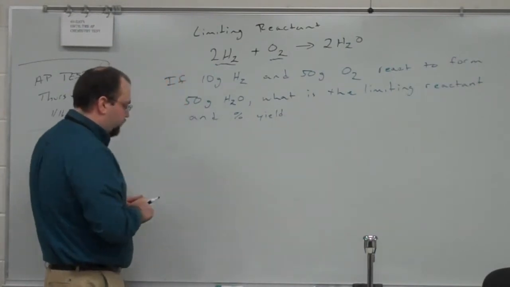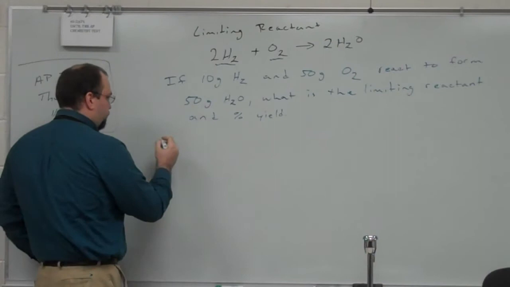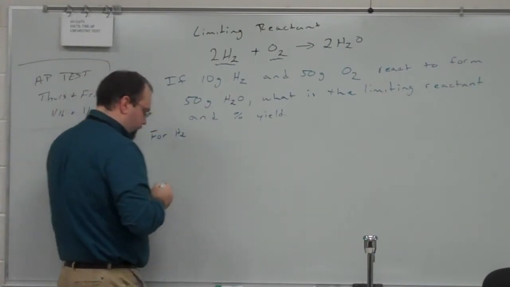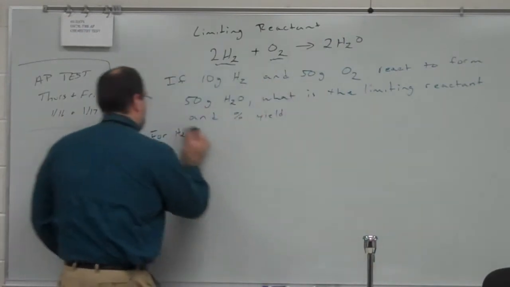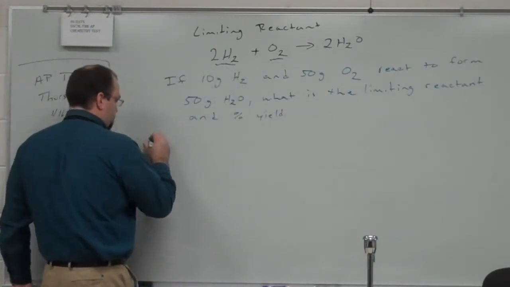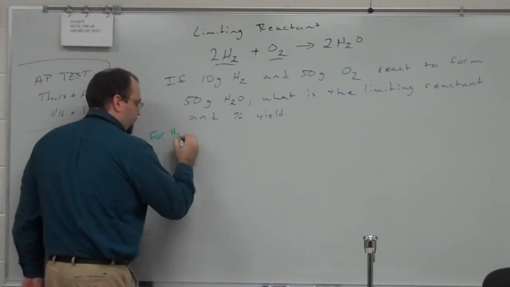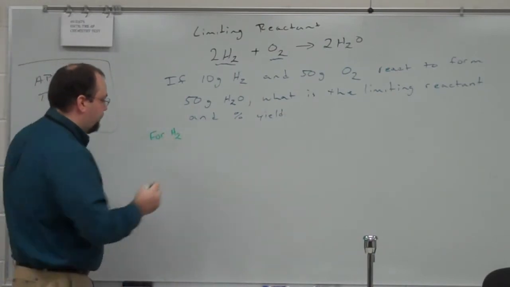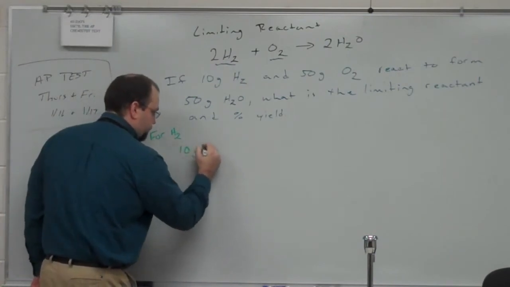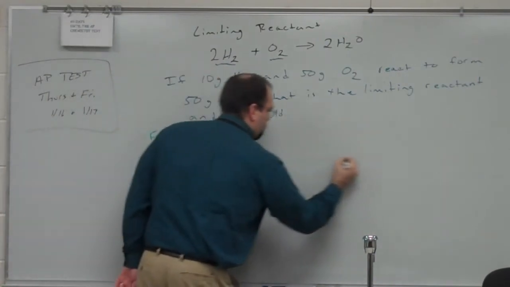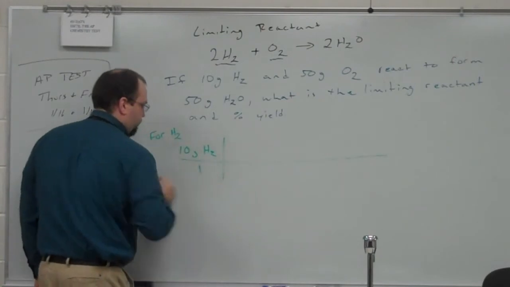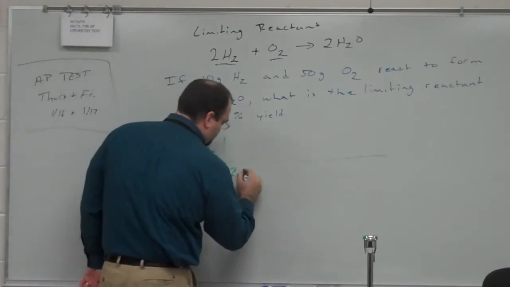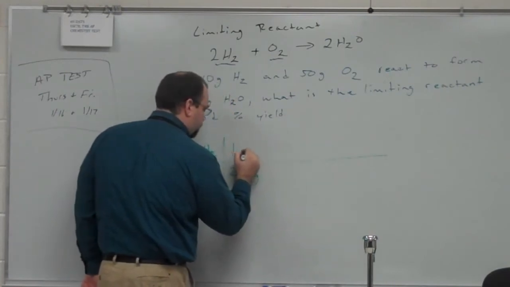So I'm going to be doing two stoichiometric equations. My first one is for H2. You know what, I'm going to write that in green, because I have the color. It's kind of fun. Happy little green. Okay, so I start with what I'm given. I'm given 10 grams of H2, and I put it over 1. I know the molar mass of H2 is 2.02 grams in 1 mole.